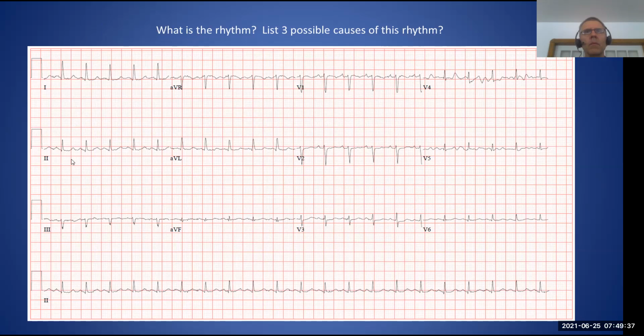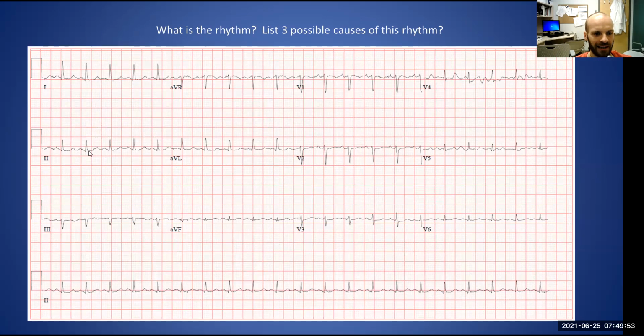And so leads where you will typically see larger P waves would be things like lead 2. They're also depolarizing from the back to the front, and so you'll often see them quite well in V1 as well. So you can see P waves pretty clearly here in lead 2. You can see them pretty clearly in V1, but on the other hand, they're harder to pick out in things like lead V6 or lead V3.